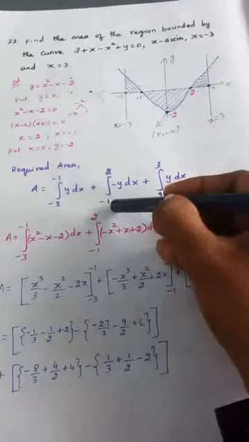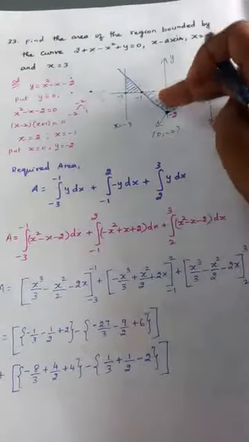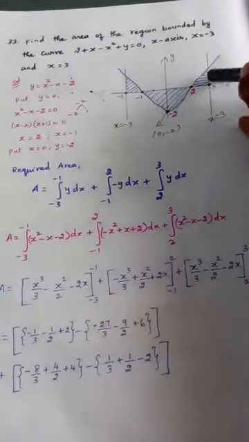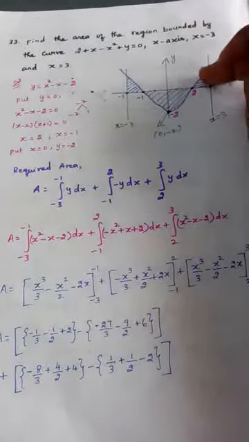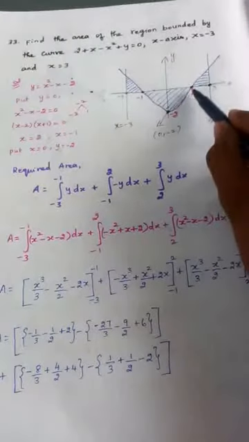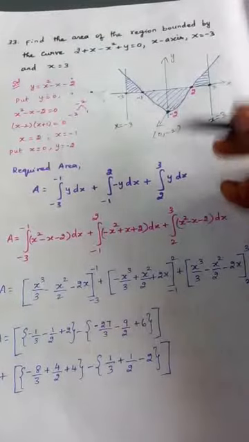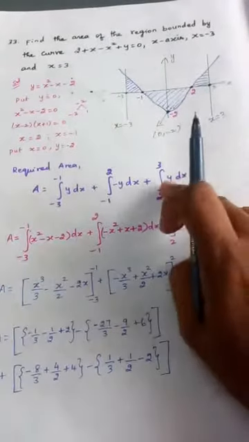So the next integral is from -1 to 2, lies below, so -y dx. And the third part is this, which lies above, with limit 2 to 3. So plus the integral from 2 to 3, since it lies above, y dx.